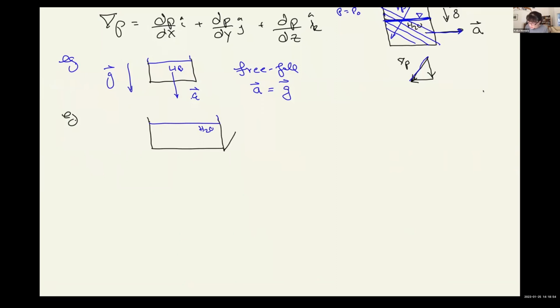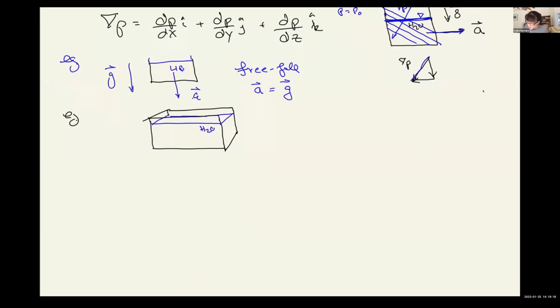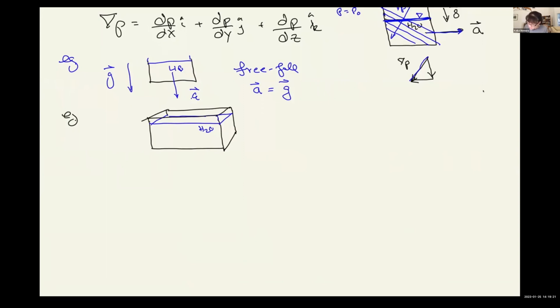It's the classic problem of considering an aquarium. And let's say you want to transport it in your car or truck. And so as you drive, you're going to be undergoing acceleration. So let's consider the case where we have an acceleration in the positive x direction, in the direction of motion.